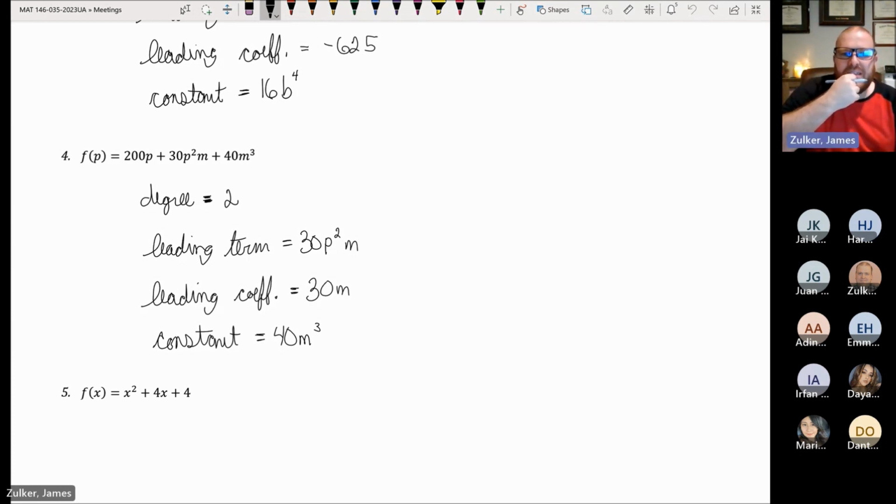The constant would just be, so if I had something like this, then the constant would be 40m cubed plus 6. That entire thing is a constant.